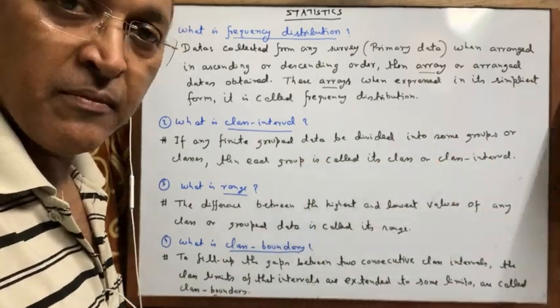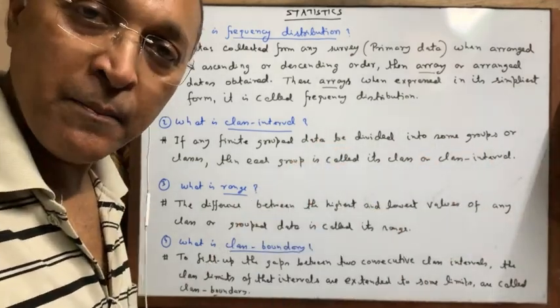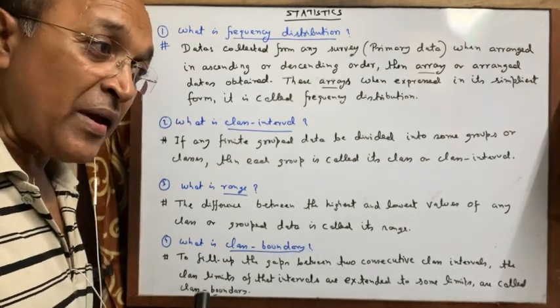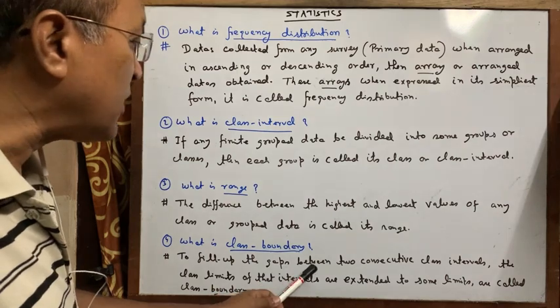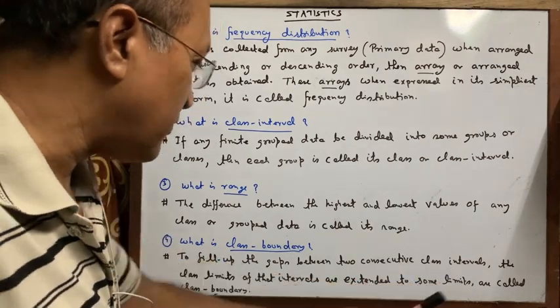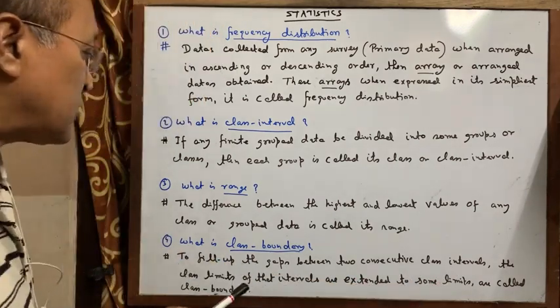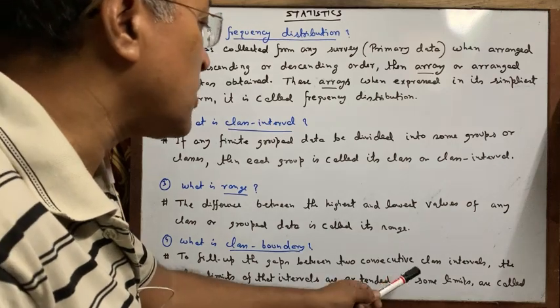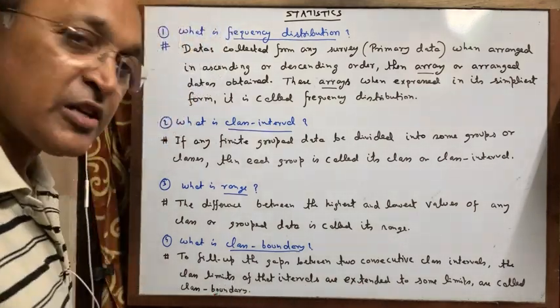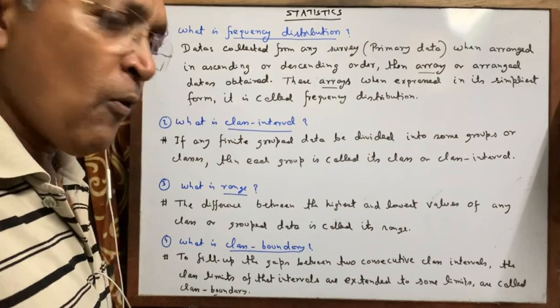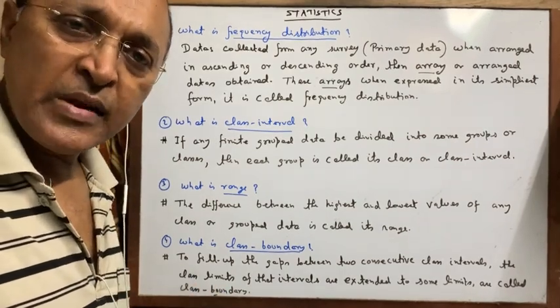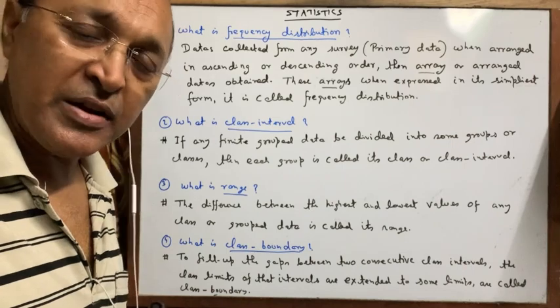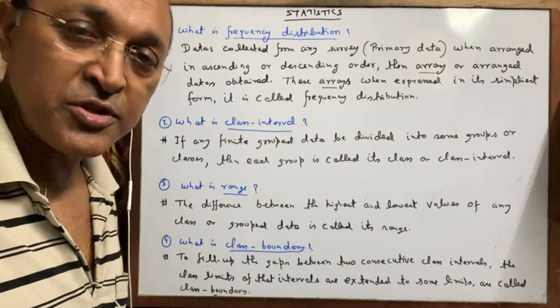Say 11 to 15: in between 10 and 11 there is a gap. So to make it regular, to fill up the gaps between two consecutive class intervals, the class limits of those intervals are extended to some limits, which are called class boundaries. Whatever has been said here, we will implement while doing the frequency distribution.